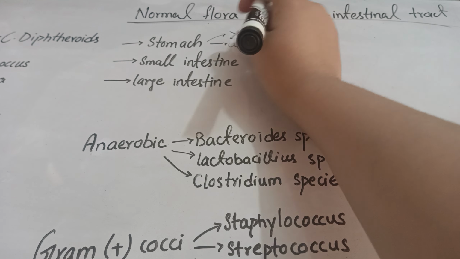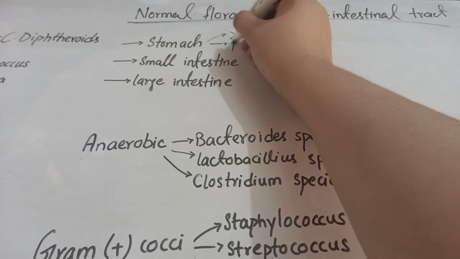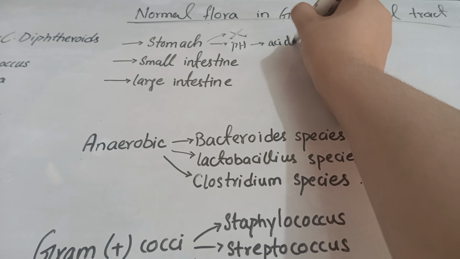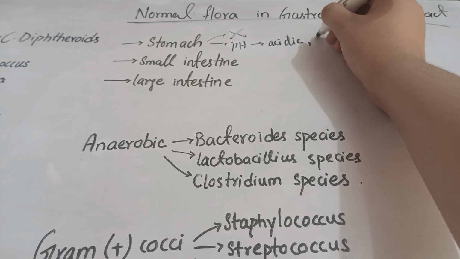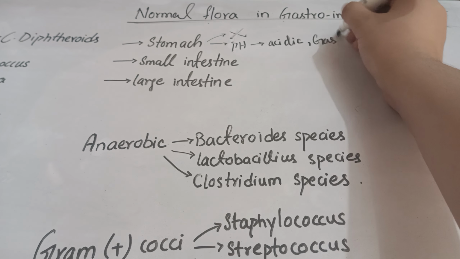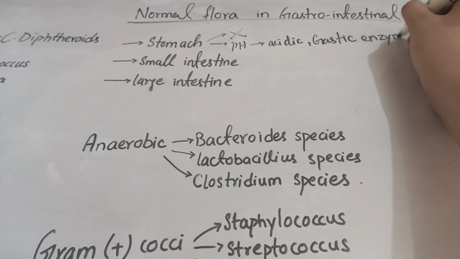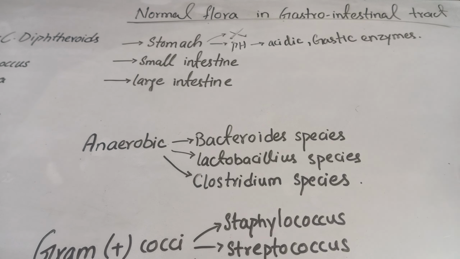Because your stomach pH is quite acidic in nature, and due to the presence of various gastric enzymes. Due to this severe environment, normal flora cannot survive in that situation.